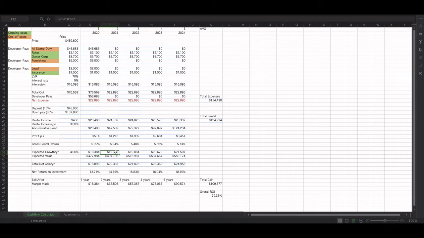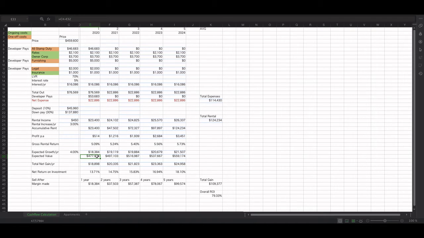And similarly, here the second year expected growth is 4% of what the expected value of the first year would be. Okay, so this is how much it grows in the first year. This is the end result of what the apartment would be worth after the first year, after applying your expected growth.